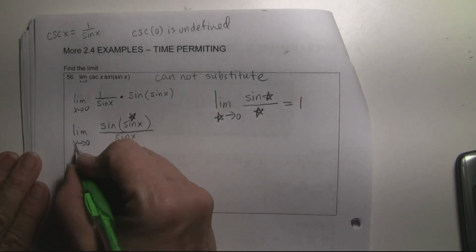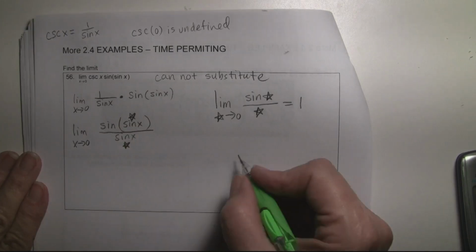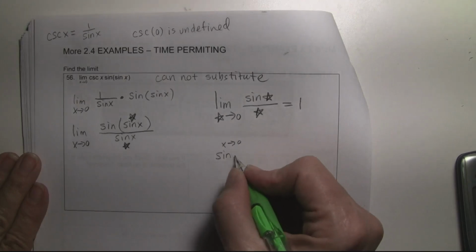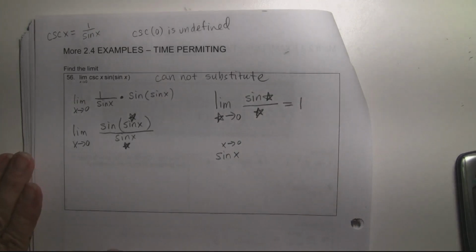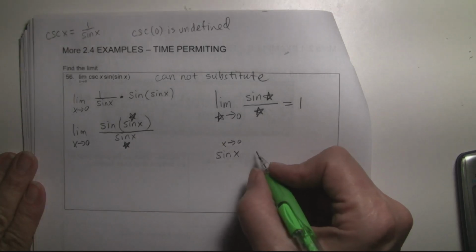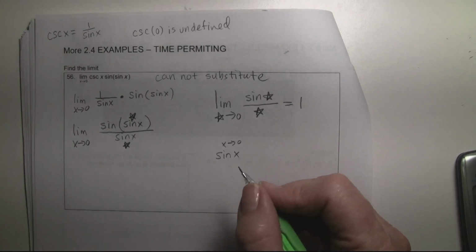And so really, I don't want this to be x goes to 0, but I want you to think about it as x goes to 0, where is sine of x going to? If x is getting closer and closer to 0, well, sine of x is getting closer and closer to 0. How can I prove that to you?